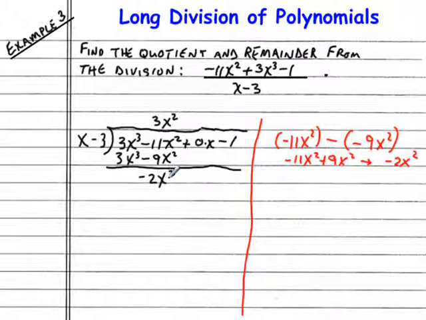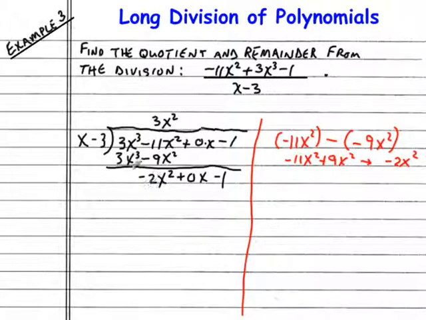Of course, I didn't mention it, but 3x cubed subtract 3x cubed was 0, and we just left that 0 off. Now we'll bring down the other terms, which will be plus 0x minus 1. After all, we're subtracting 0 from each of those. Then we begin again if we need to continue. And since the degree of this remainder is higher than the degree of this divisor, that means we should continue.